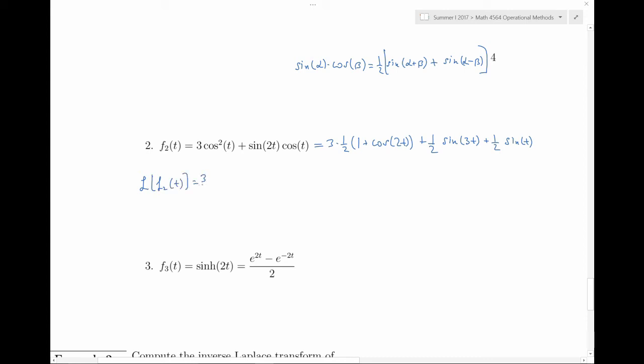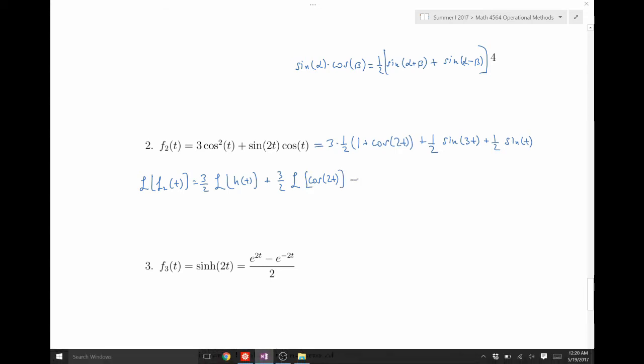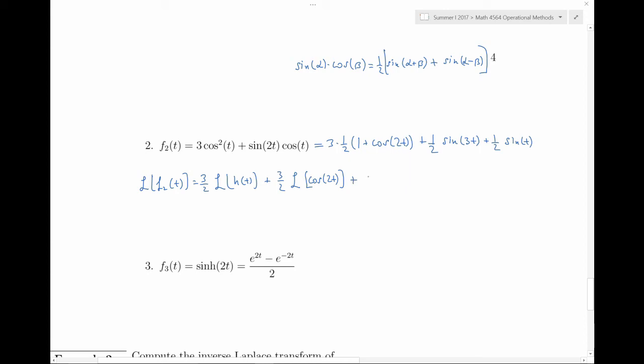Well, that's just going to be 3/2 of the Laplace transform of the Heaviside function, plus 3/2 of the Laplace transform of cosine of 2t, plus 1/2 of the Laplace transform of sine of 3t, plus 1/2 the Laplace transform of sine of t.